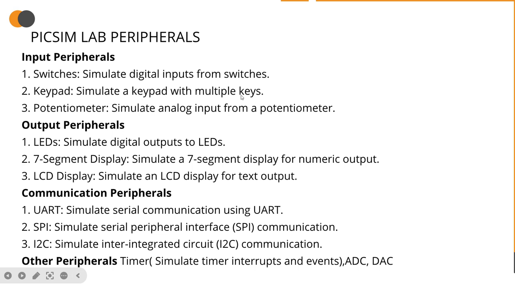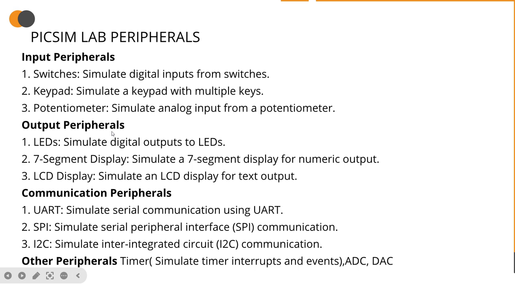It simulates a keypad with multiple keys. Potentiometer, which is used for adjusting speed to increase or decrease. It simulates analog inputs from a potentiometer, as can be observed in adjusting a fan's speed.